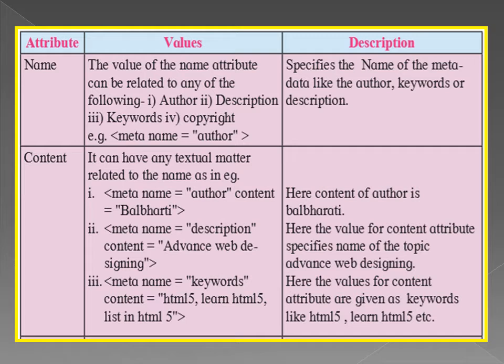Then next is keywords: meta name equal to keywords and content equal to HTML5 learn, HTML5 list in HTML5. So you can use 6 to 10 keywords. When you use any keyword, you can easily find your website on the web with the help of this keyword.